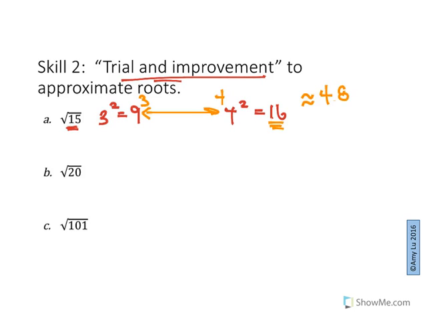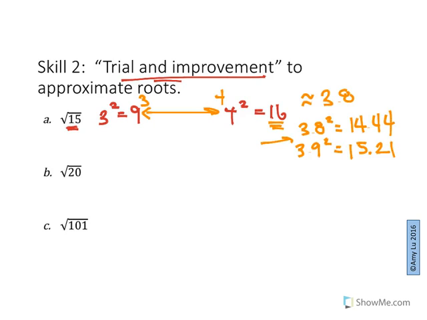My error, I did not mean 4.8. I actually meant 3.8, because I needed to be between 3 and 4. If I do 3.8 squared, I get 14.44. It's under 15, so I would try 3.9 squared, and I get 15.21.